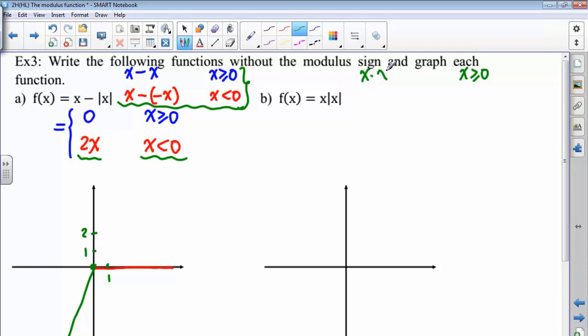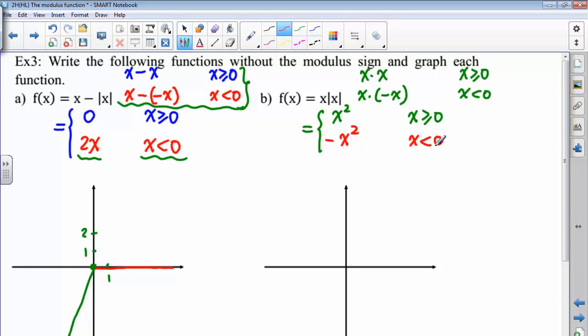Leave x times x, which is x squared. So this is the first piece in the piecewise function. When x is less than 0, when you remove this symbol, it will be x times negative x. The second piece is negative x squared when x is less than 0.